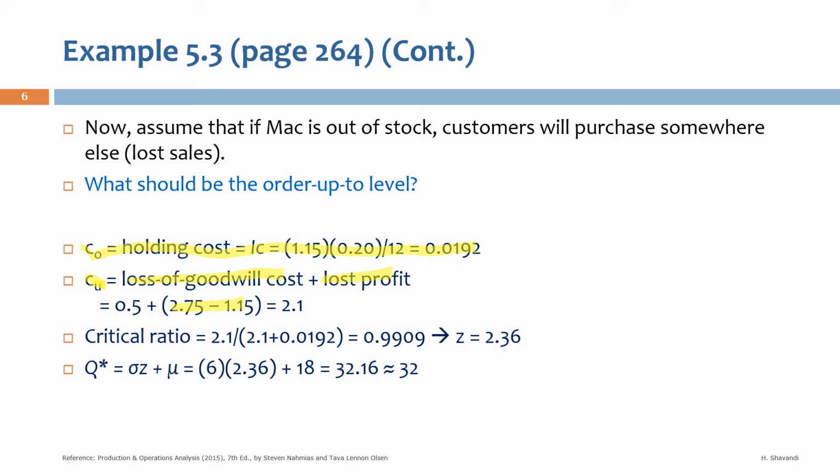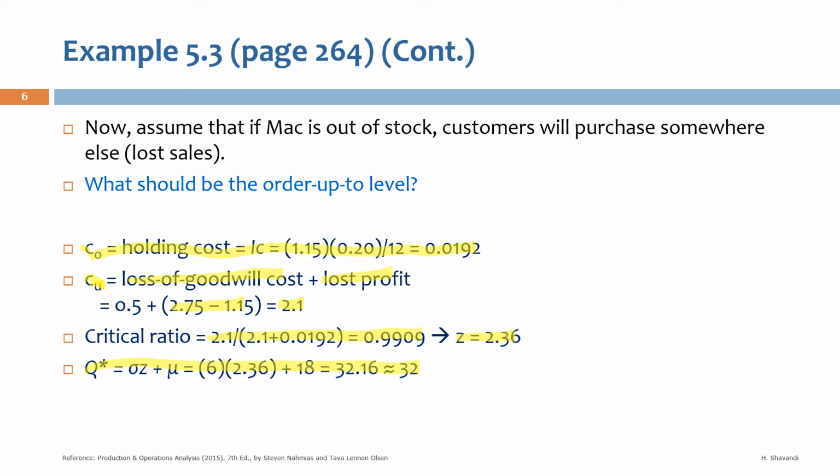So CU here becomes 2.1 dollars. Okay, so the critical ratio here, CU over CU plus CO, becomes this number. And if we consider this as alpha and go to the standard normal distribution table, the Z alpha becomes 2.36. So by having this, the Q star becomes 32.